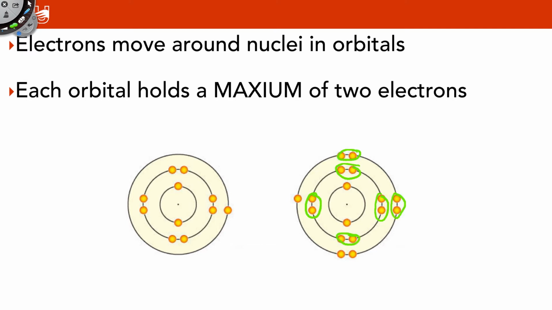So electrons exist in orbitals, like a racetrack almost for electrons, and these orbitals can only hold 2 electrons. As an atom becomes larger, it has more and more orbitals, and these orbitals are arranged in shells.